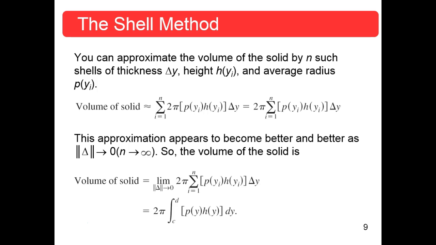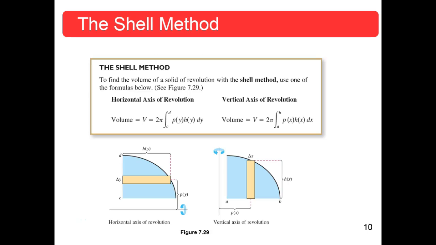Times your h of y, which is the length of any strip there, times dy, which is the thickness. So 2 pi radius height times width. That's your volume. Just like you would expect if you cut the shell and flattened it: 2 pi radius times the height times the thickness. Okay? And so here we have it.